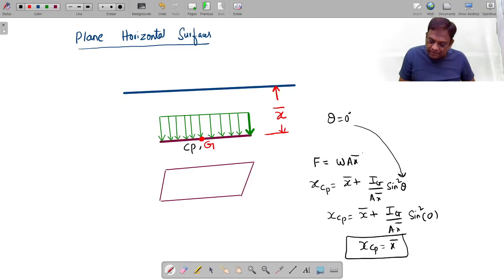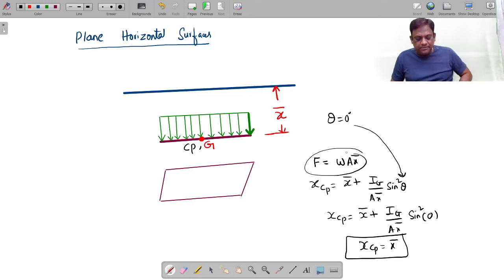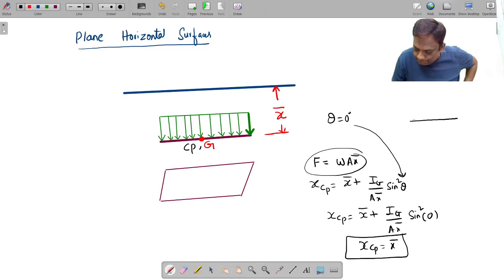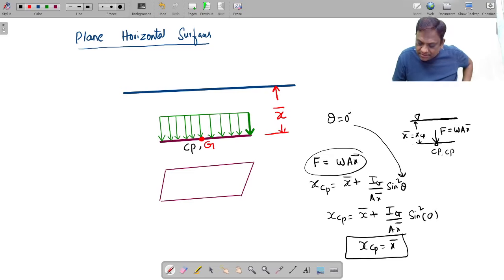So if I show the resultant diagram, this is the free surface, and this is the hydrostatic force. This is not only CG, but also CP. So here x bar is equal to XCP, both are the same.